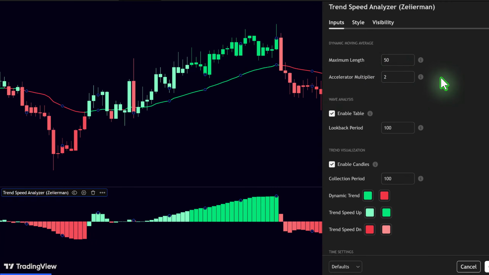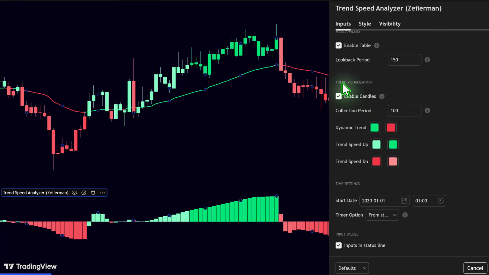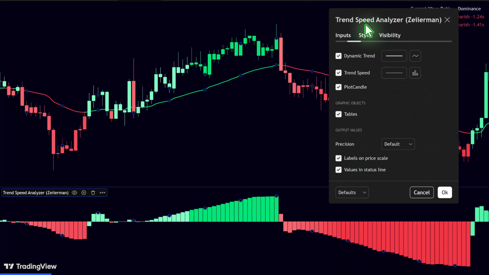A setting of 2 is a good starting point for Forex and indices. The look-back period determines how far back the tool pulls data to generate wave stats. Raising it from 100 to 150 can make things more stable. You'll also find toggles for enabling the table and color-coded candles, as well as a collection period setting to normalize speed readings across different markets.